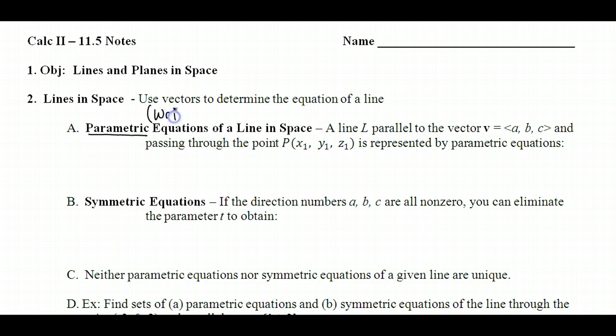So when we write the equation of a line, we need a point, and obviously that point has to be on the line, and a direction vector.